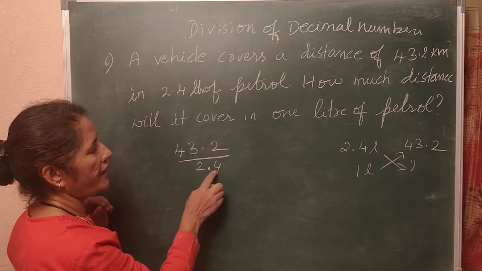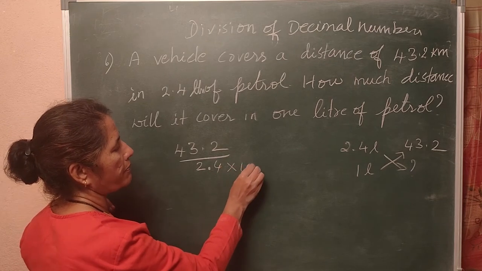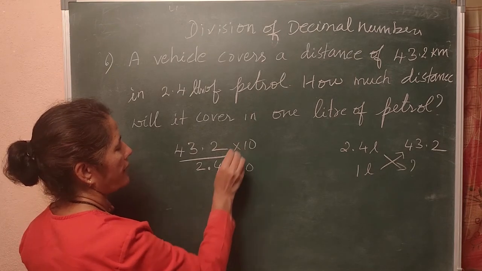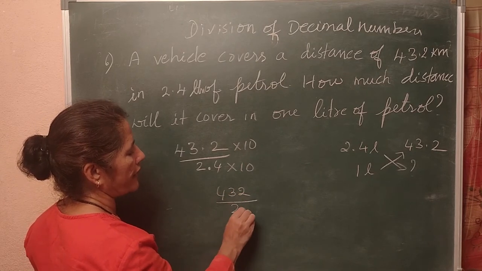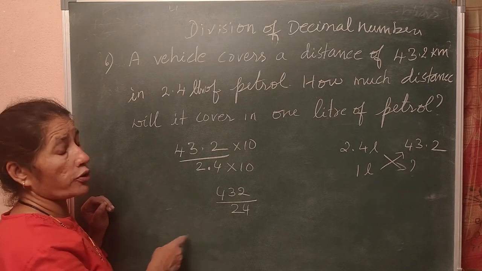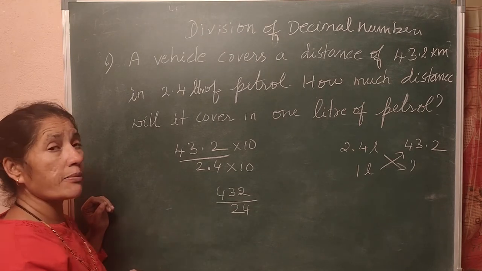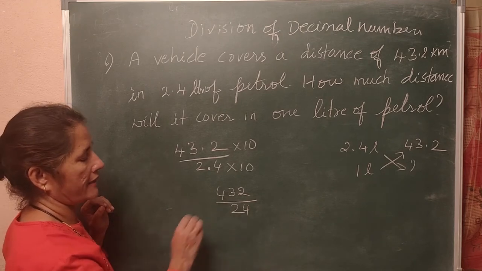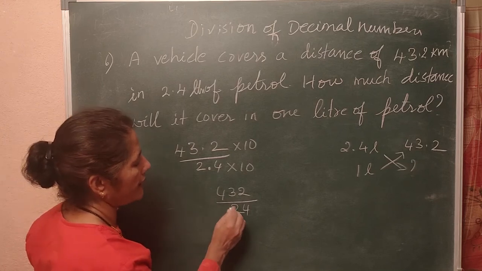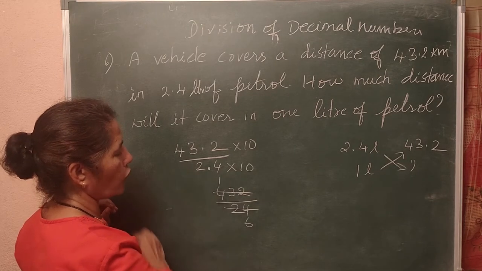You look at the denominator, it is a decimal number. After the point, 1 digit. So multiply by 10. Here also multiply by 10. So what do you get? 432 divided by 24. If you do not know 24, the best thing is to use whatever tables you know and try to cancel. I can think 4. 4 6s are 24. 4 1s are 4.